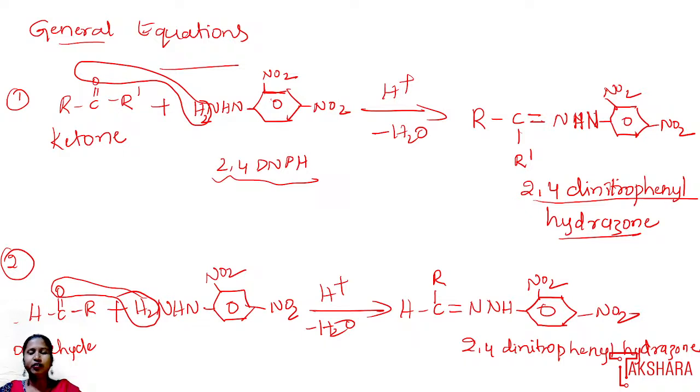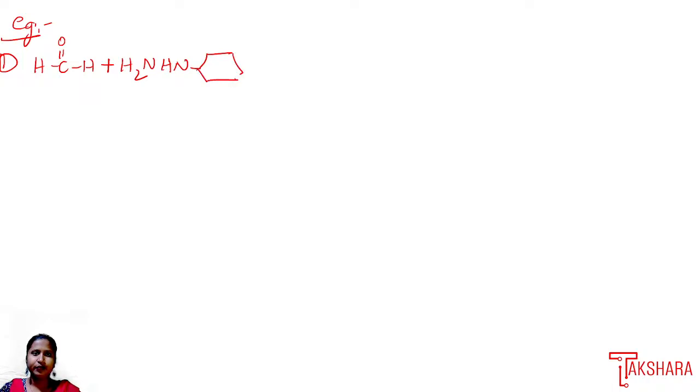So for these particular equations, let us discuss the examples one by one. The first example: let us take formaldehyde. HC double bond O is formaldehyde when it is treated with 2,4-DNPH, NH, then phenyl ring.